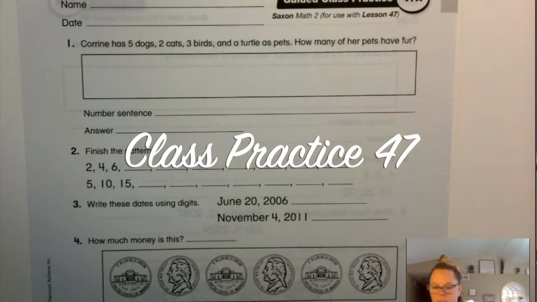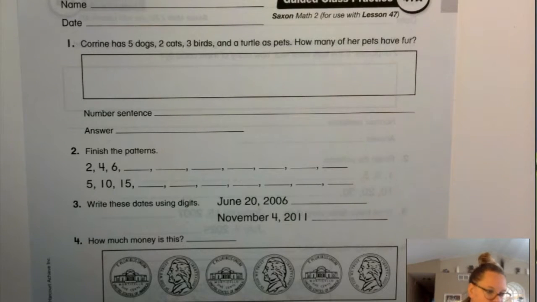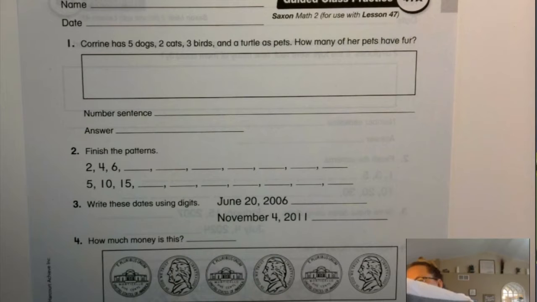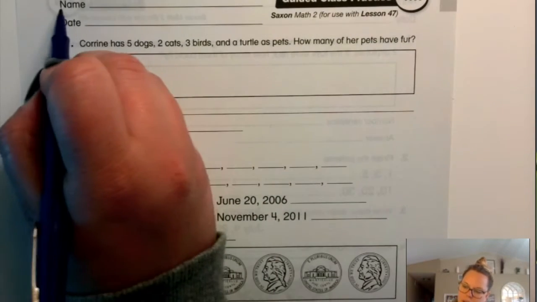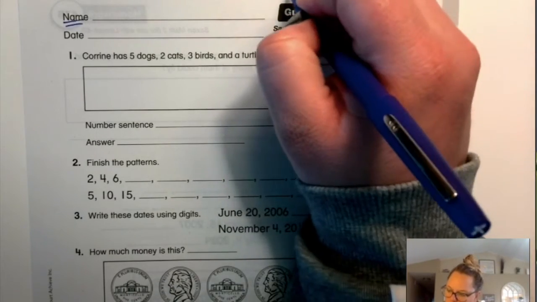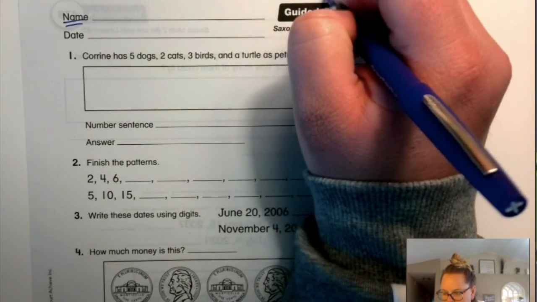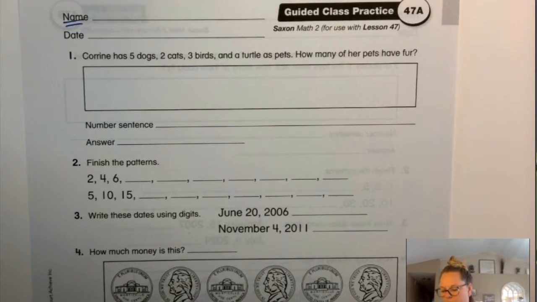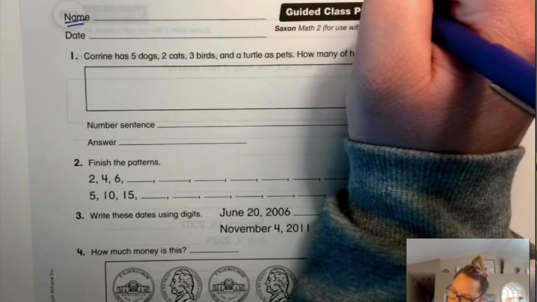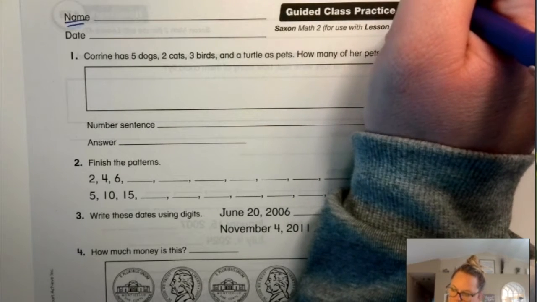Put your name and your date on the paper. For our date today, you have two choices. You can write it out, or you can write it using digits, which I think we should do in digits. So your name needs to be on here. And today's date, I'm going to write it here so that you can see it. We said today is November 17th, 2020.